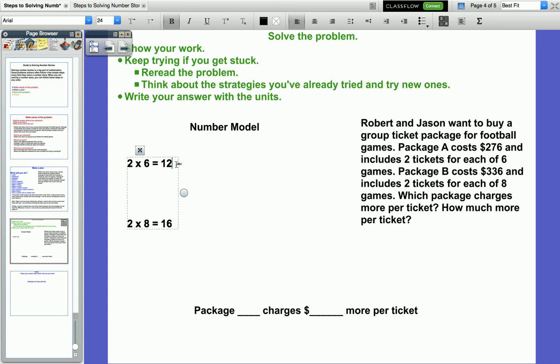And then I have to divide. So for package A, I had 276 divided by 12. Remember, that's one way to make the division sign. Okay, 276 divided by 12. And then the second one is going to be 336 divided by 16. And then my last step is to subtract the two numbers. So I'm just going to put that down here.